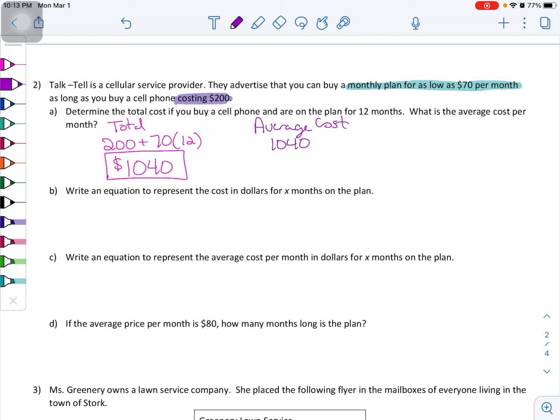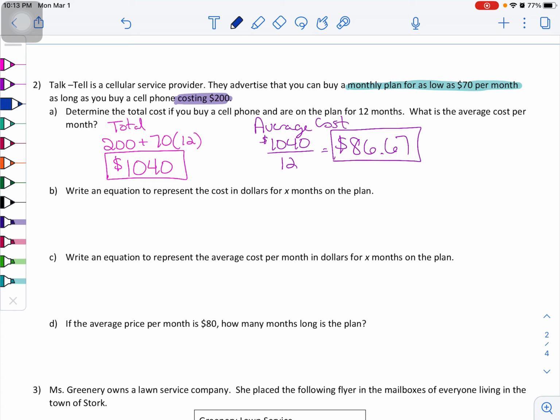Now, it also asks, what is the average cost per month? So I'm going to take that $1,040 and divide by how many months I was on the plan. In this case, I was on the plan for 12 months. So 1,040 divided by 12 is equal to $86.67. Make sure you round, please and thank you.